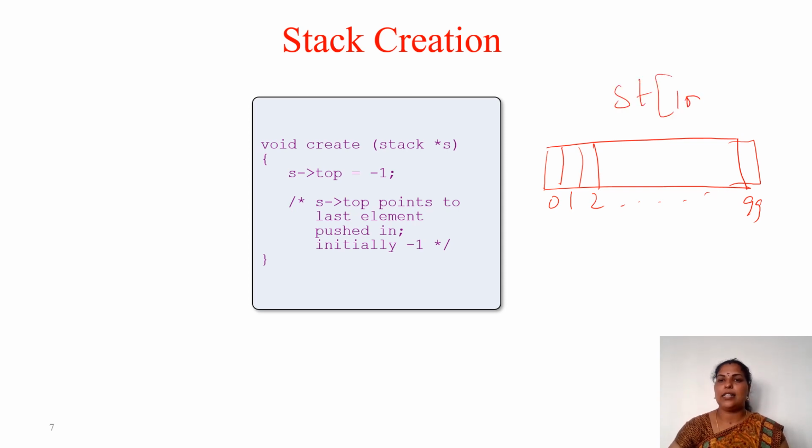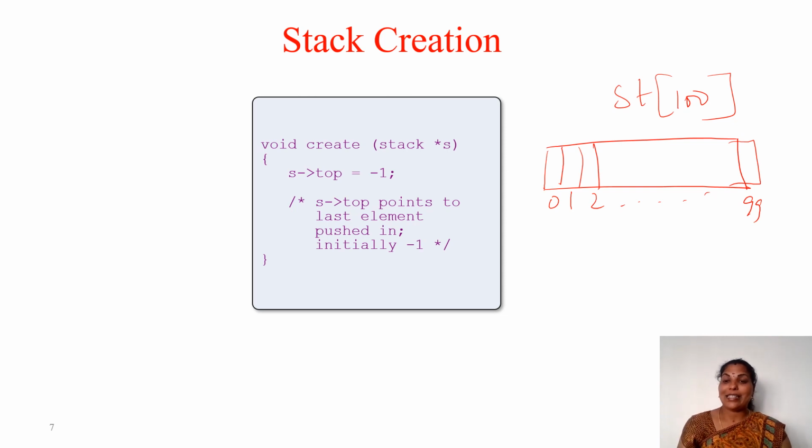St of 100, we are having 0, 1, 2 up to 99. So how to create an empty stack? Because for pushing any element in a stack, we need to increment the top, then only we have to perform insertion. If I want to insert the first element, I have to insert in the 0th position only.